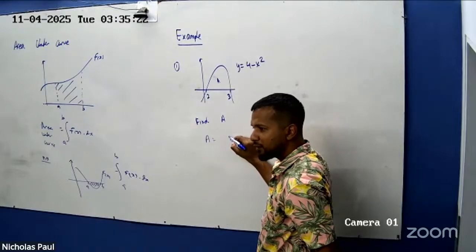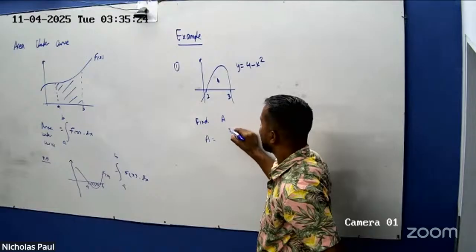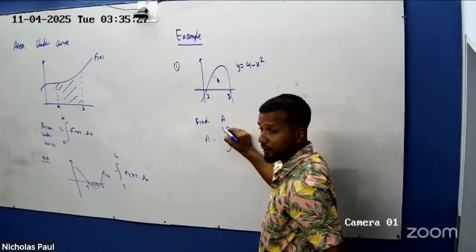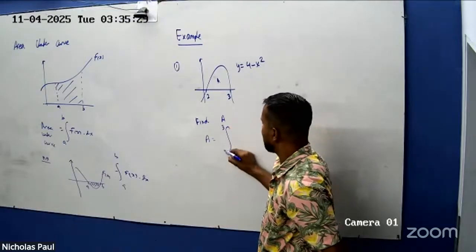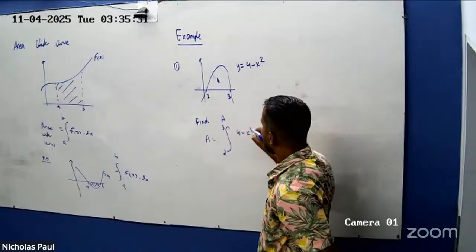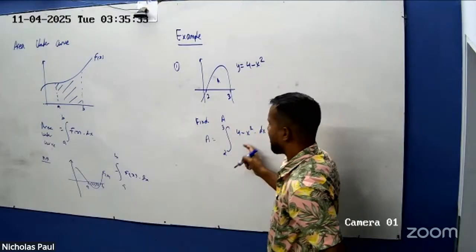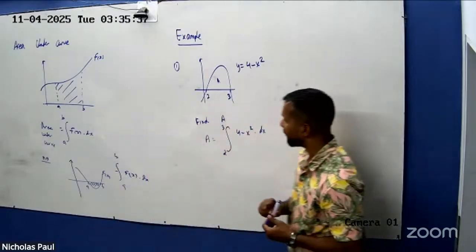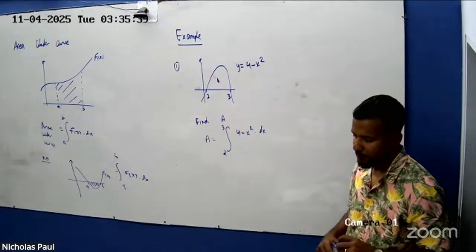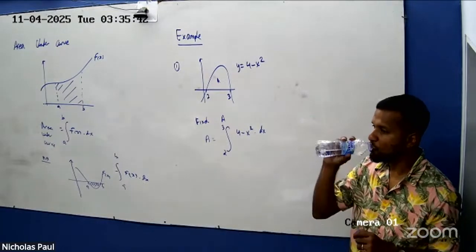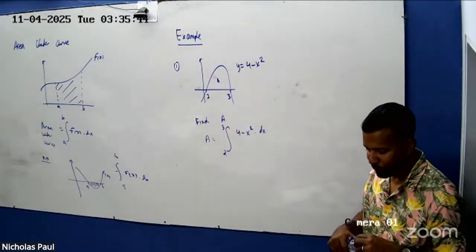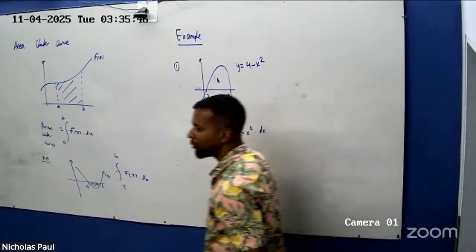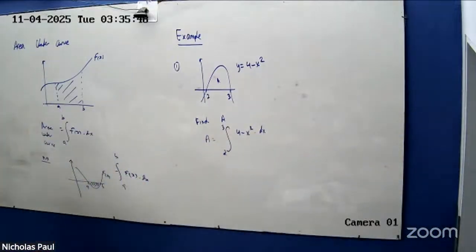Integrate between 3 and 2 of 4 minus x squared. Right, it might be a negative. Check it and see. I'll work it out quick. Try that quick.